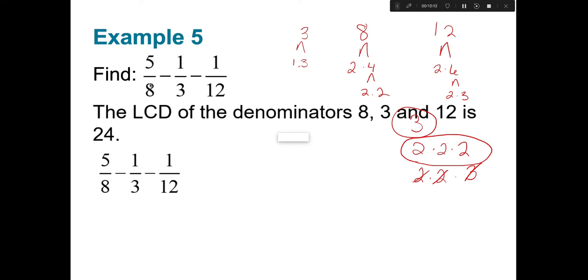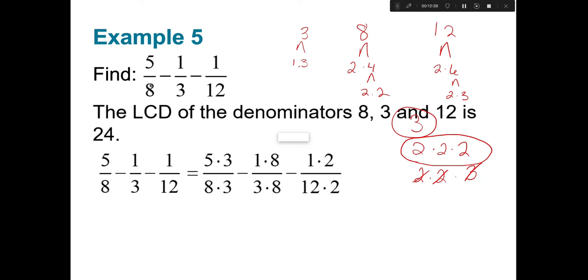If I have 3 on the bottom and I need to change that to 24 as my denominator, what do I multiply my top by? Laura, focus. 8. So that becomes 8/24ths. And then I have 12 on the bottom. I want to make it a 24 on the bottom. Times 2. 2 times 1 is 2. So now I have 15/24ths minus 8/24ths minus 2/24ths.